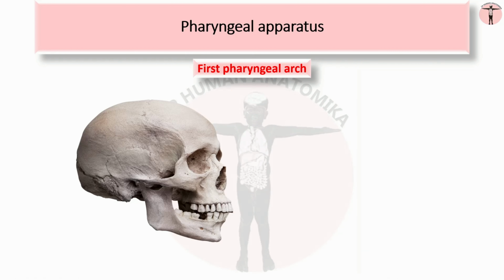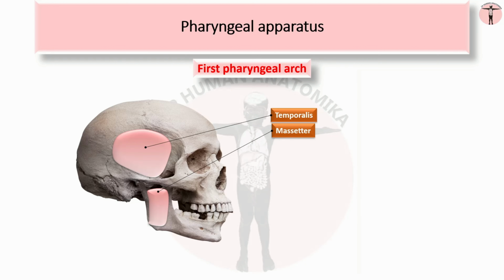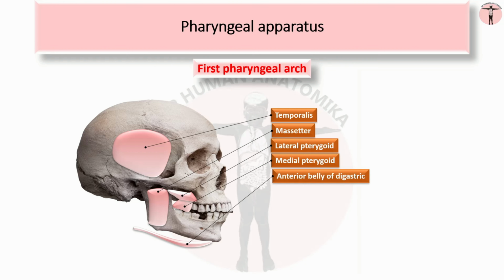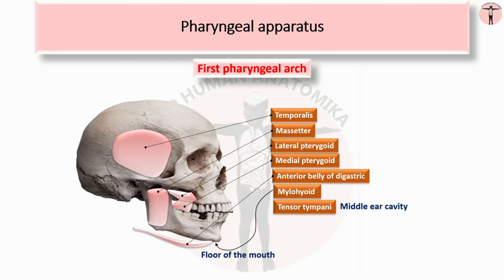Musculature of the first pharyngeal arch includes the muscles of mastication: temporalis, masseter, lateral pterygoid and medial pterygoid. Then anterior belly of digastric, which is inferior to the mandible, mylohyoid, which forms the floor of the mouth, and tensor tympani present in the middle ear, and tensor veli palatini, which is related to the soft palate.